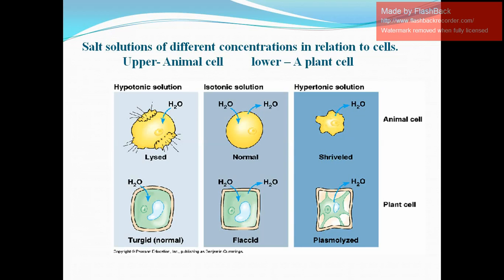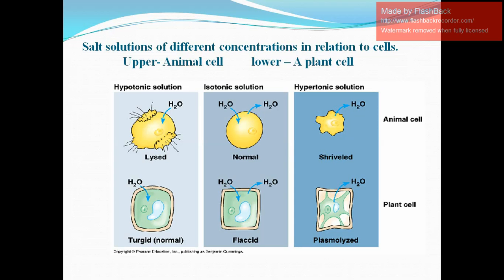Next, when we put the cell, both animal and plant cell, in a hypertonic solution, we see there is a change in the shape and size of the cell. It means the water moves outward from the cell into the solution. This is called exosmosis.